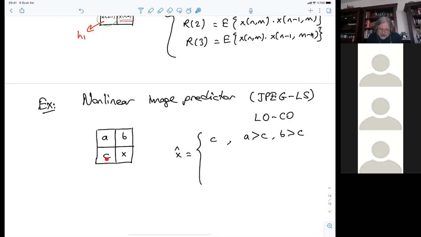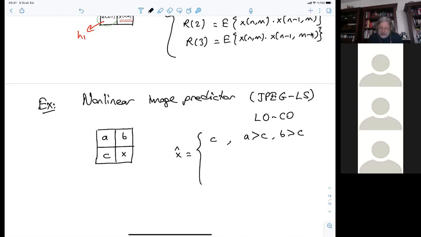So if c is less than a and c is less than b, then x should also be that smaller one, because it's at the bottom side of the valley. The bottom side of the valley is here. The top of the valley is here, and there's a decline over there. So we decided like that.